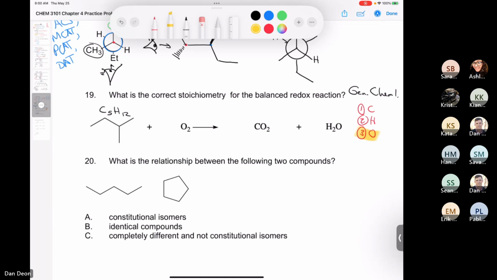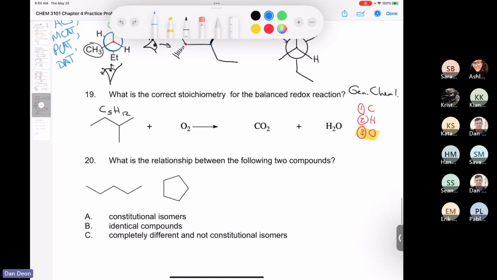All right. So if we have 5 carbons and we only have 1 carbon in CO2, what stoichiometric coefficient do I need to put in front of my CO2? Start with that. Need to put a 5. Thanks, Eric. All right, then we have 12 hydrogens, and we have H2O. What coefficient do I need to put in front of my water molecule? A 6. Good again. All right, so then we tally up the total number of oxygens on this side.